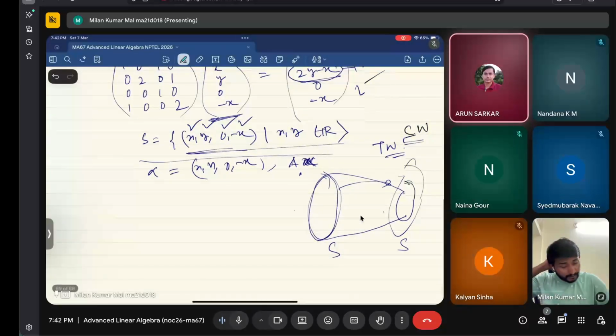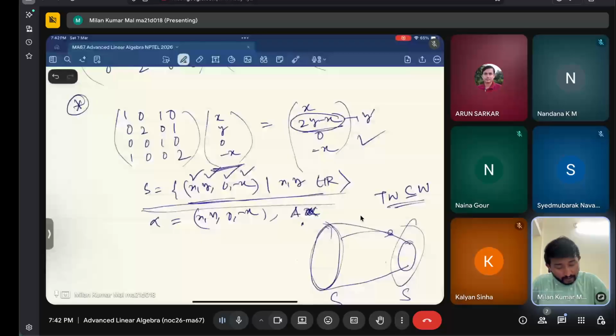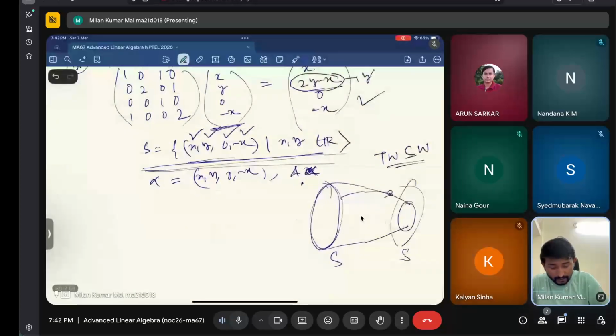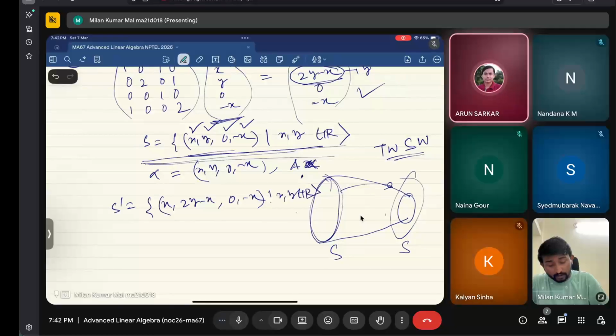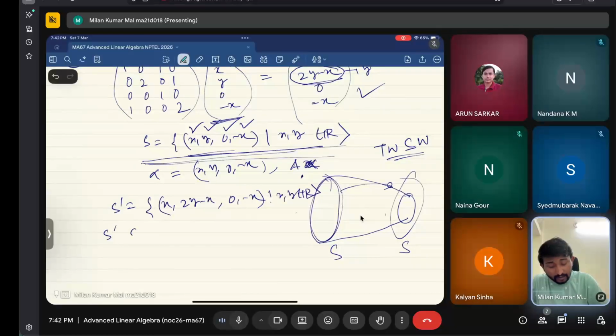If you take elements in S that look like this way, and you take another subset S dash whose elements look like 2y minus x comma 0 comma minus x, this is the range, right? x and y are coming from R. So S dash is actually sitting inside S, and this is what I want.